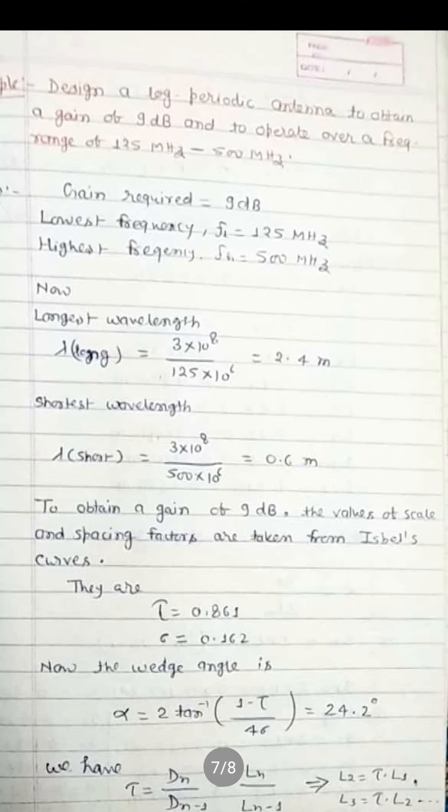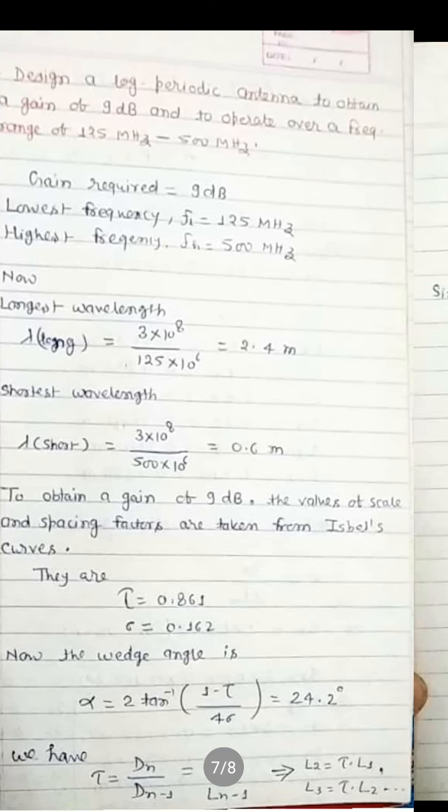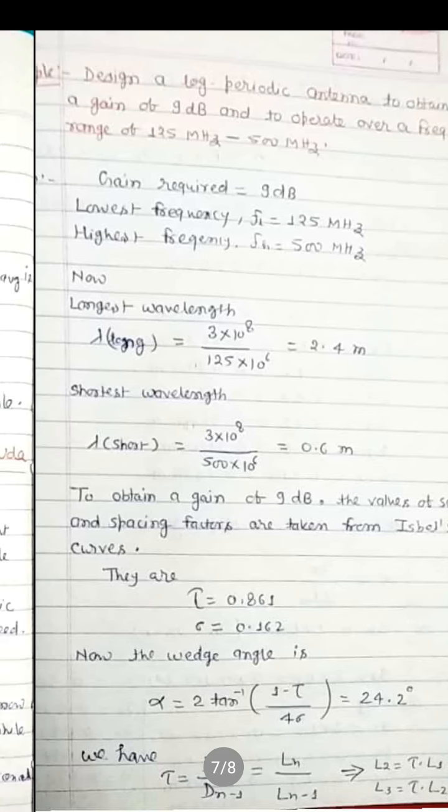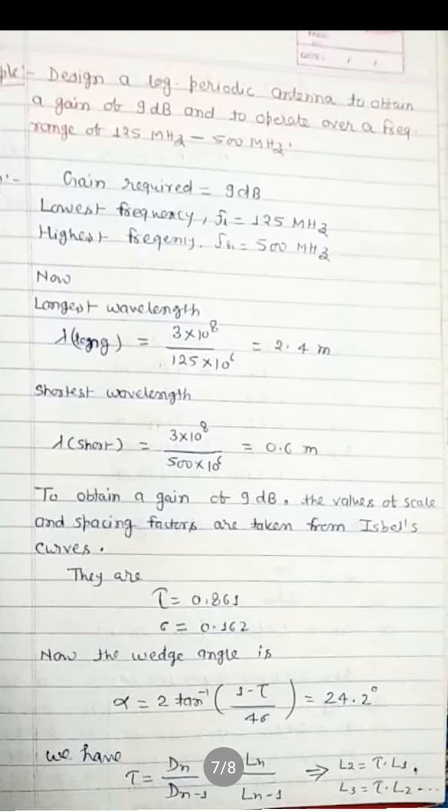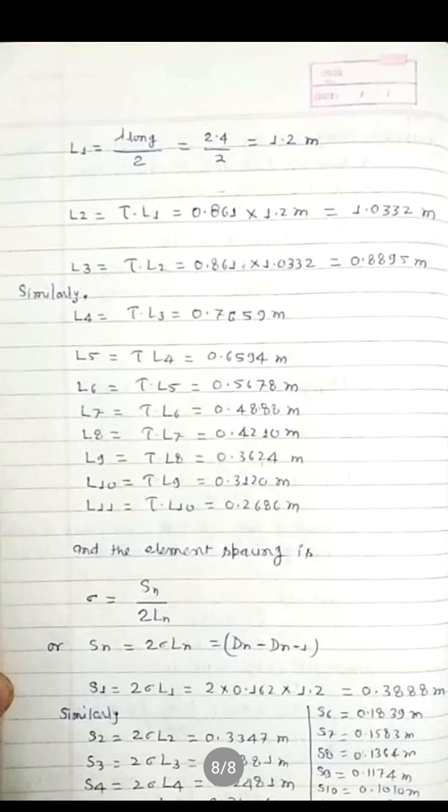Now we have tau equal to dn by dn minus 1, equal to ln by ln minus 1. That means if we have to find the value of ln, we can calculate using tau into ln minus 1. Similarly, we can find L3 equal to tau into L2, L4 equal to tau into L3, etc. Now, L1 equal to lambda long by 2, that is 2.4 by 2 equal to 1.2 meter.